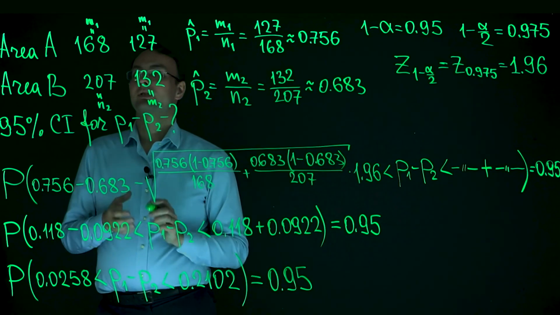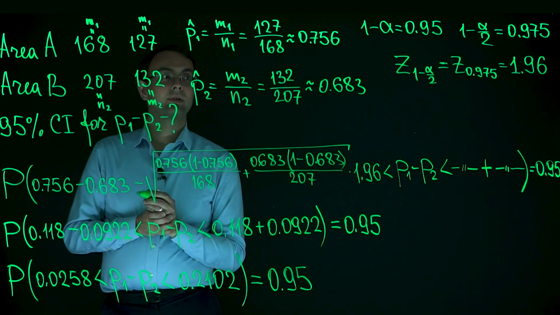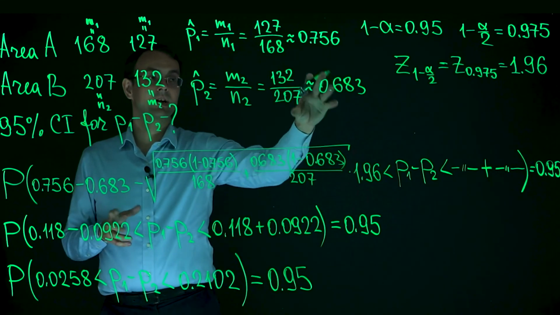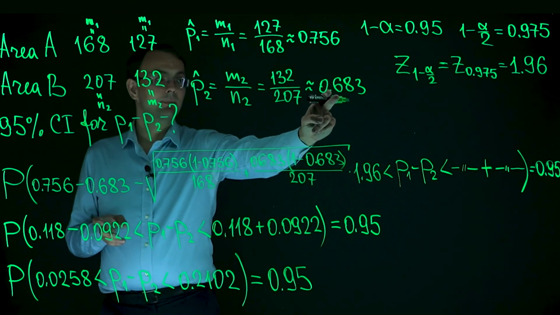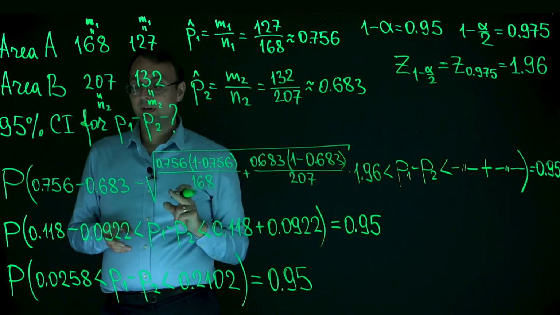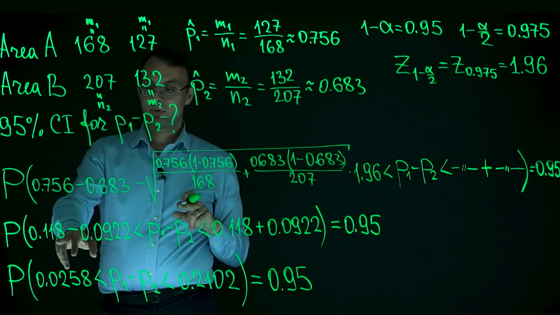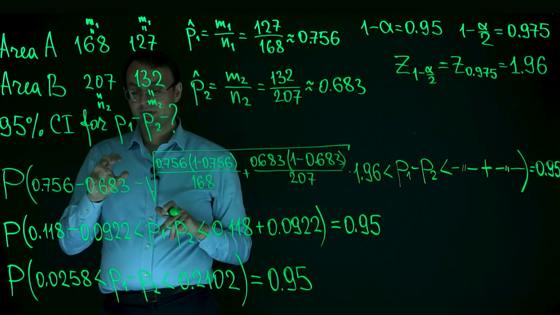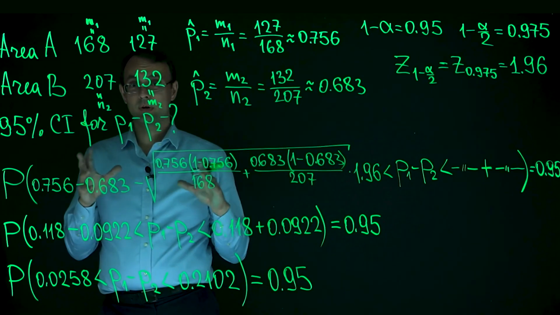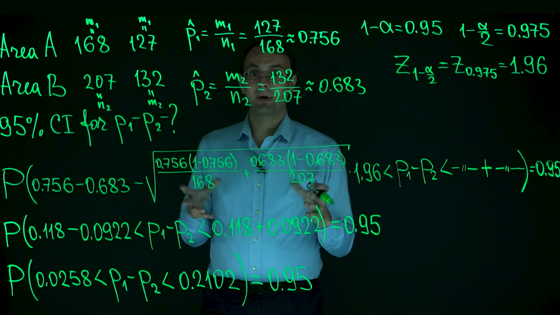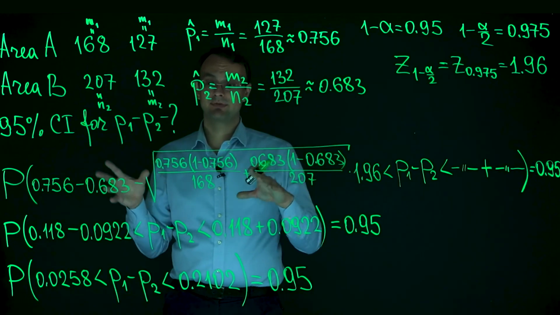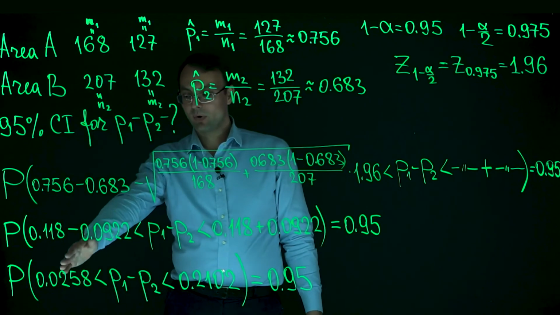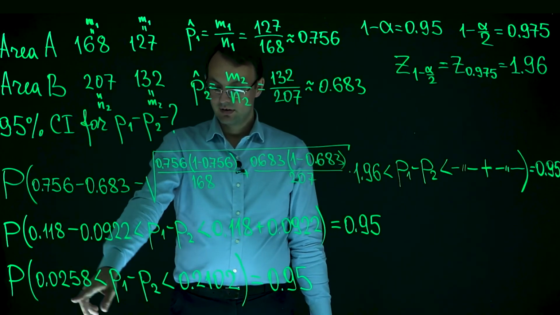For area A, approximately 75.7% are satisfied, and for area B, approximately 68.3%, and the difference is 11.8%. So this 12% is what we get from our sample, and the real difference of two population proportions is with high probability somewhere from this to this value.